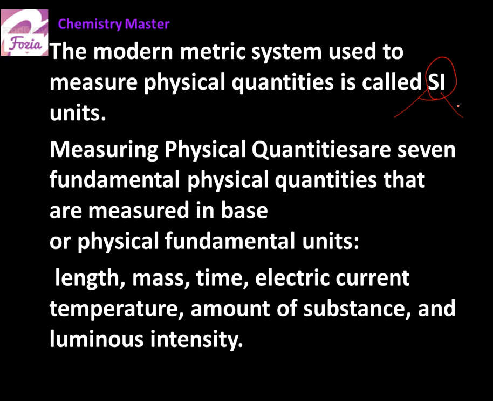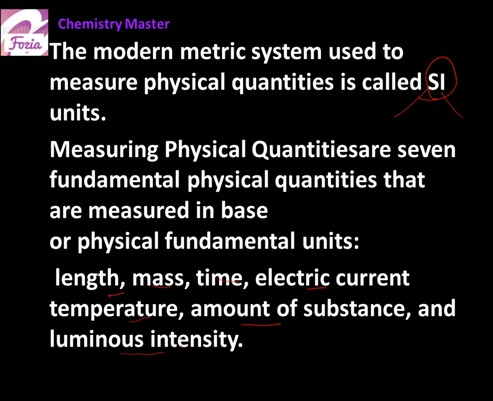And we have 7 physical quantities. The quantities that we can observe are also placed in this unit system, and they are length, mass, time, electric current, temperature, amount of substance, and luminous intensity.